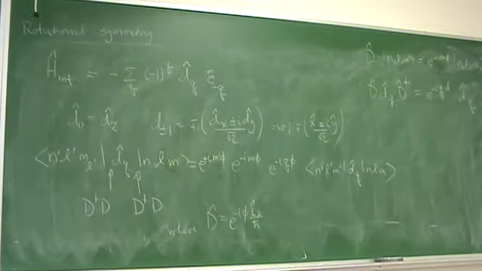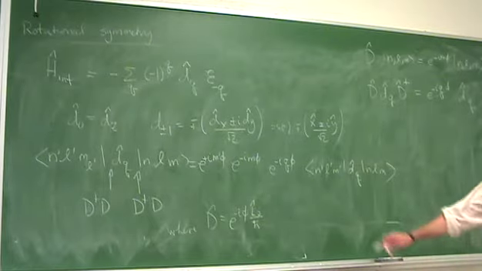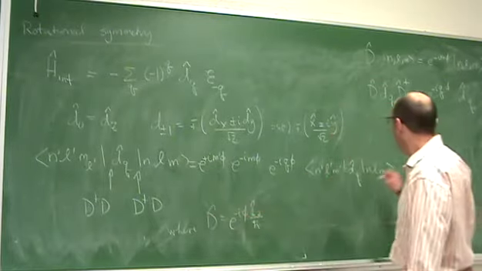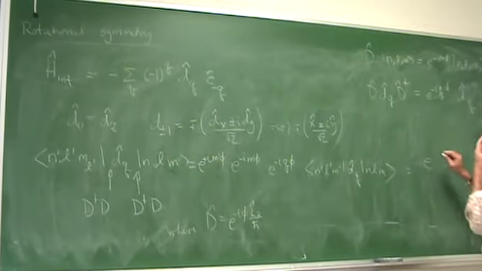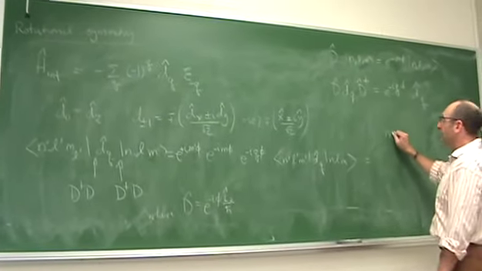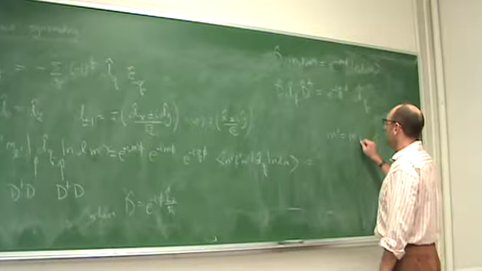So, what do we learn from this? Well, what we see here is, since this has to be true no matter what phi is, because we just put in the identity, it must be the case that m prime has to equal m plus q.